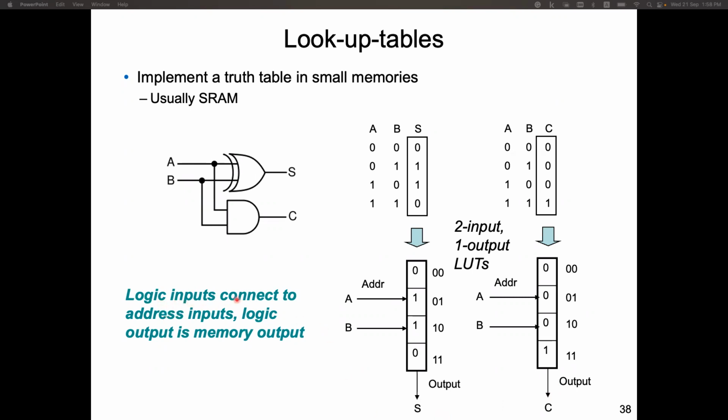So the logic input connects to the address input of the memory. The logic output is the memory output. Here, if we have 2 outputs, we can use 2 lookup tables, and each uses its own address decoder. Of course, we need an address decoder for the address input.